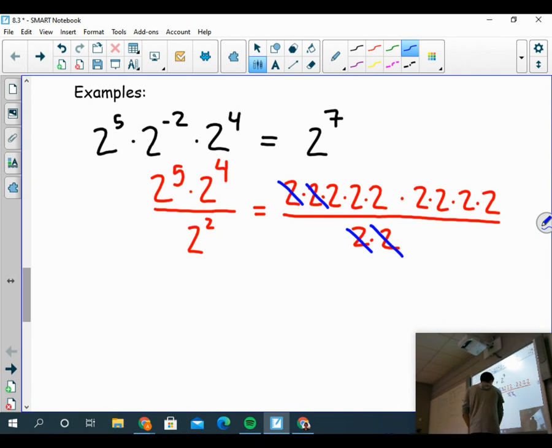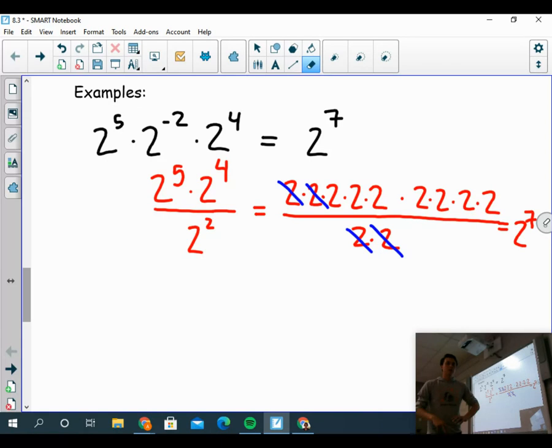And when I do that, what are we left with? We are left with 7 2's, or 2 to the 7th. So again, by writing it out, we have confirmed that our rule works in this case and we have used the rule correctly. You can do that for any of these problems. Again, I'm not going to do that for all of these problems for the sake of time. But if you want to write them out, you're more than welcome to.